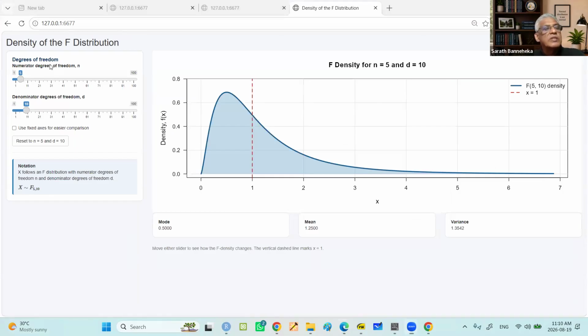What you see here is an F distribution with numerator degrees of freedom 5 and denominator degrees of freedom 10.